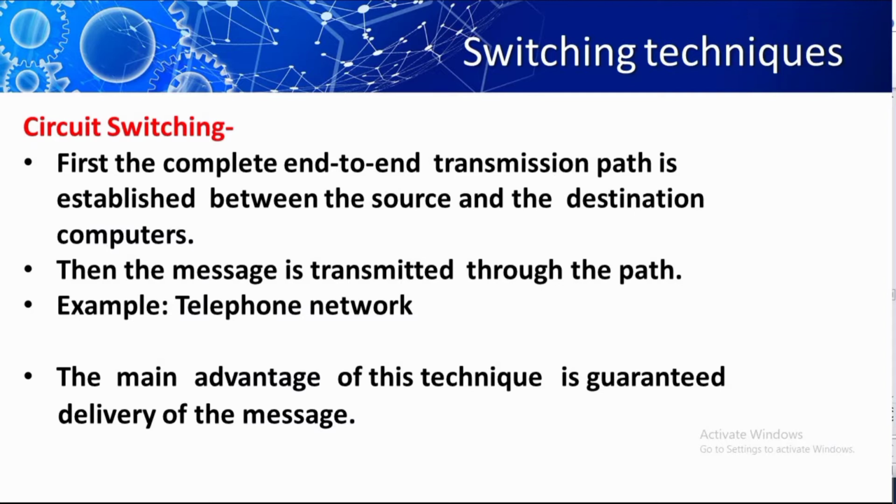The best example is the telephone network. If we want to call a friend who is staying in Chennai, first the connection path will be established, the message will be sent, then the connection will be disconnected. The main advantage of this transmission is guaranteed delivery of the message.